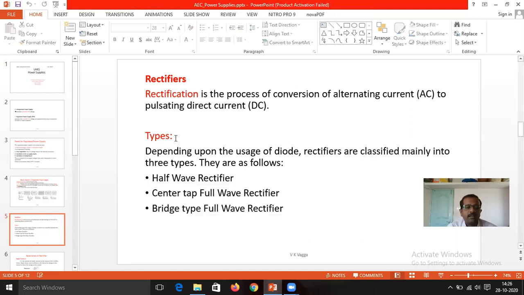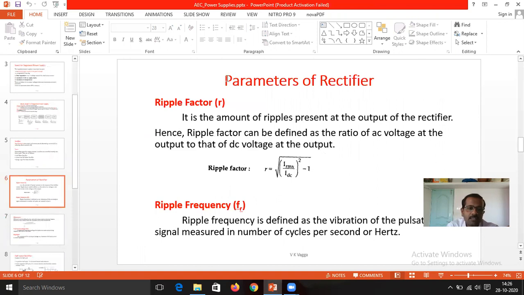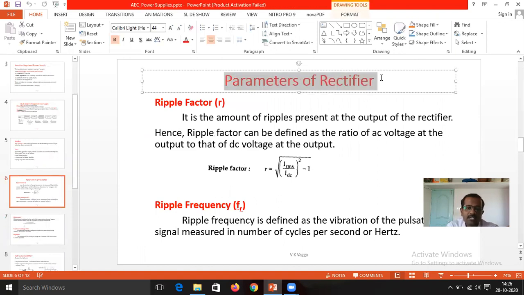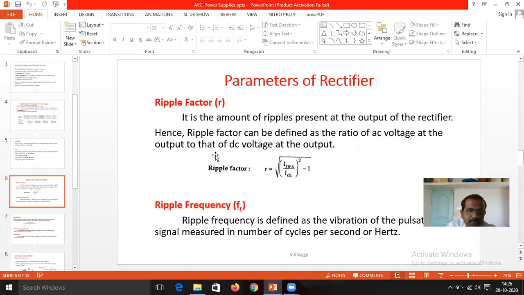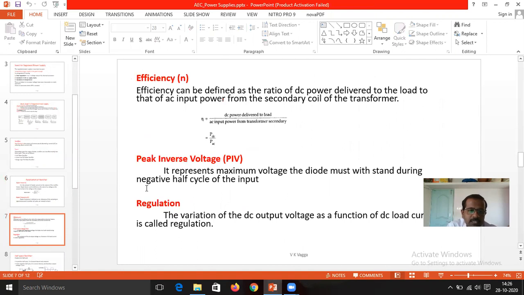Okay, before studying these rectifiers, initially we'll see the parameters to be concerned for the rectifier. The parameters of the rectifier are the ripple factor, the ripple frequency, the efficiency, the peak inverse voltage and the regulation.